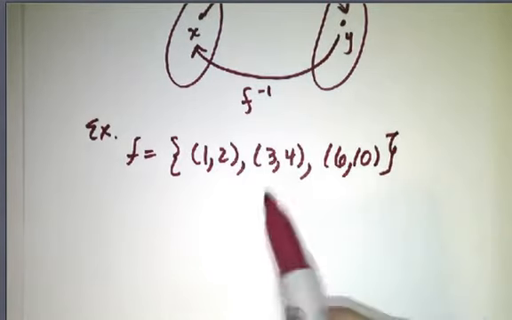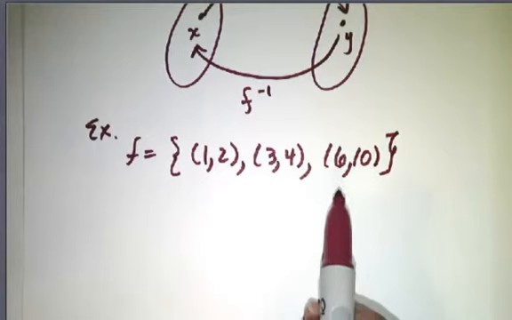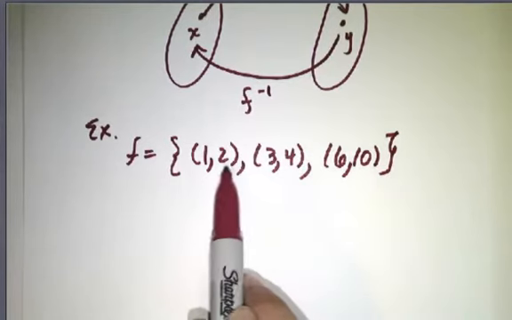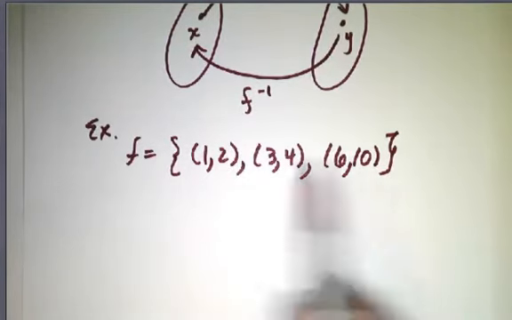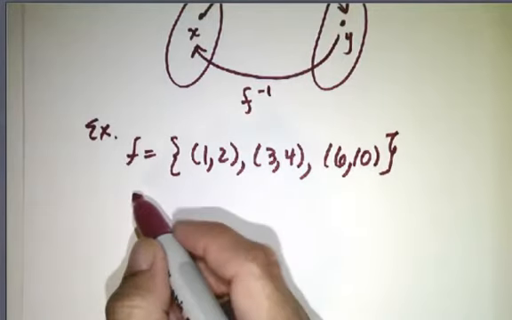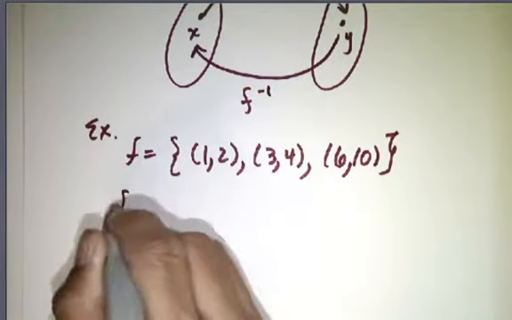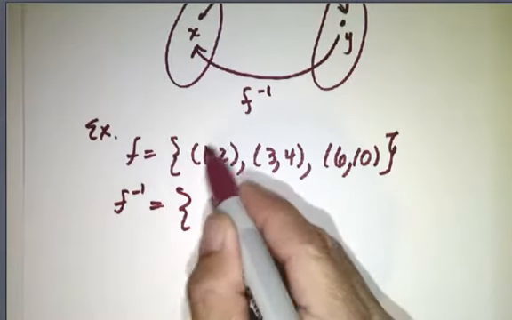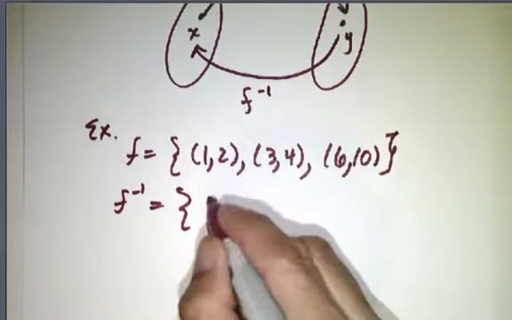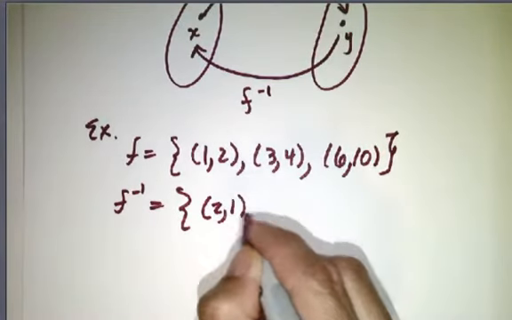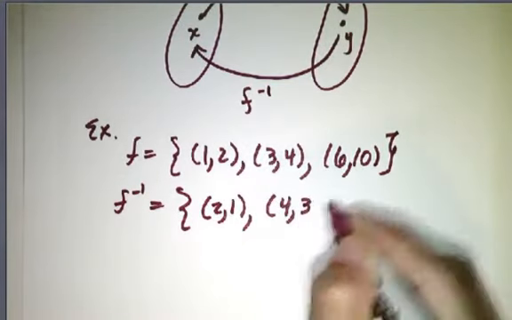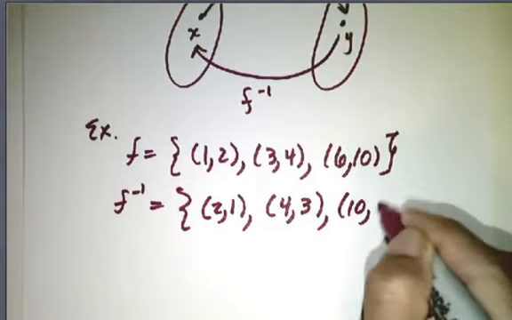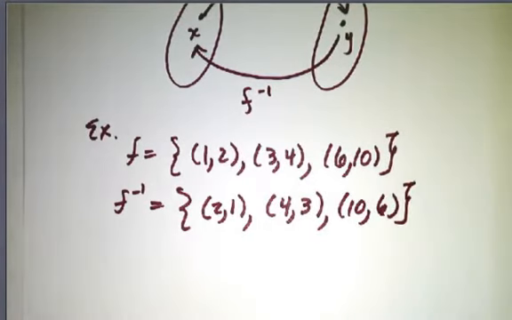We see that it's a function because each first coordinate has exactly one second coordinate, and we see that it's a one-to-one function because each second coordinate has exactly one first coordinate. Since it is a one-to-one function, we know that it has an inverse. All the output values become the input values for f inverse. So 2 gets mapped to 1, 4 gets mapped to 3, and 10 gets mapped to 6.